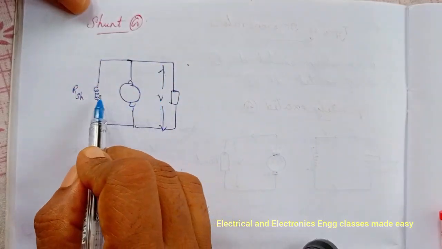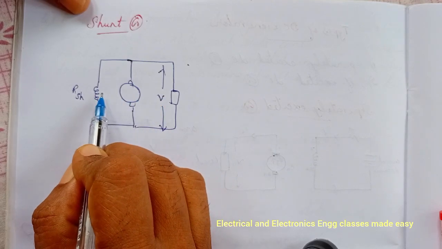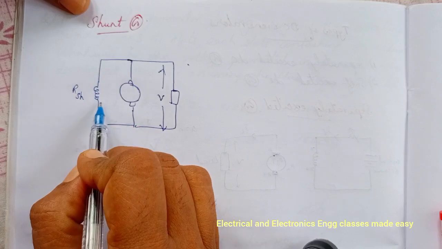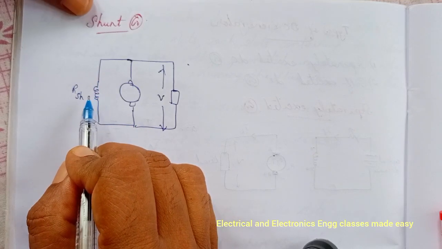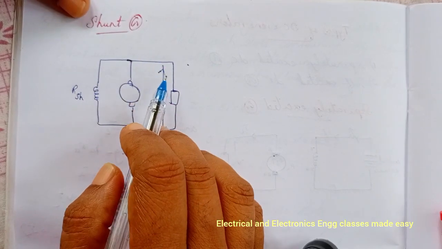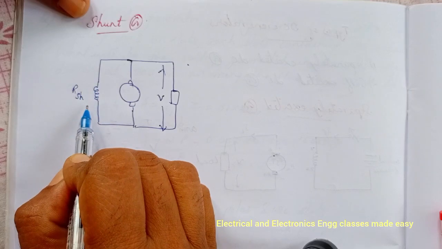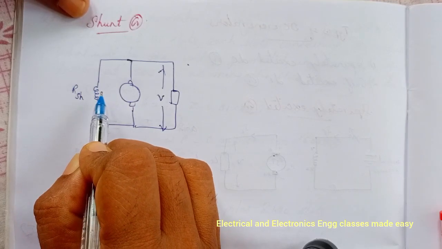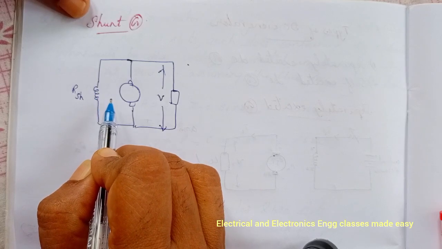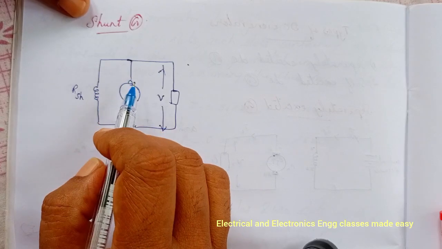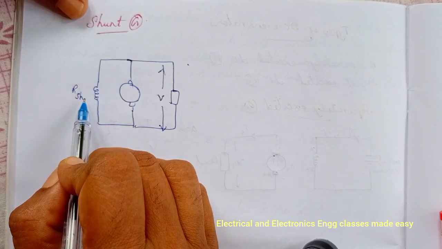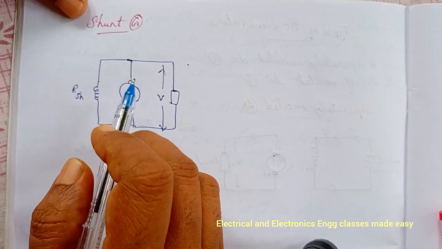So here the terminal voltage will be same as the voltage across the field winding. And the shunt field winding has many turns of fine wire having high resistance, and only a part of the armature current flows through the shunt field winding.